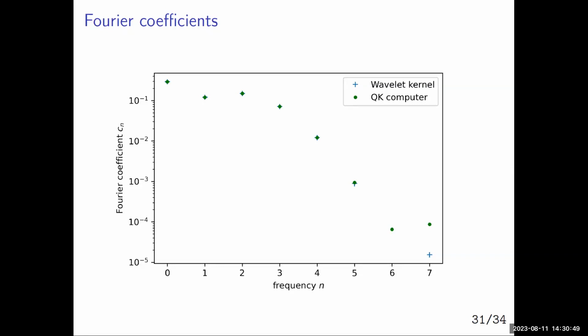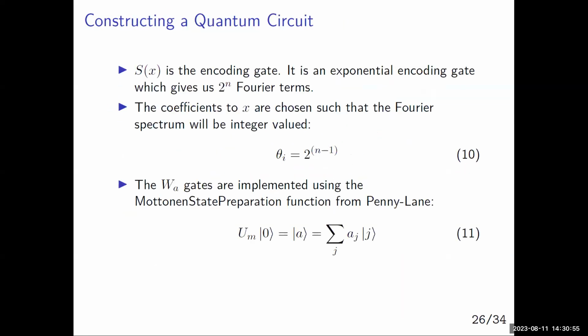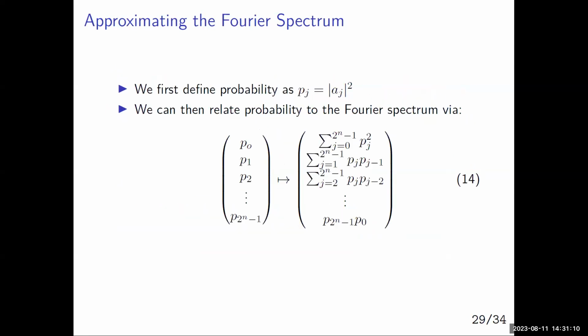So that actually came because of this gate here, the Martin's state preparation. Because we had very small amplitudes, and when we define probability, we took the square, absolute square of these amplitudes, we actually lost all negative values and all values below a certain threshold.